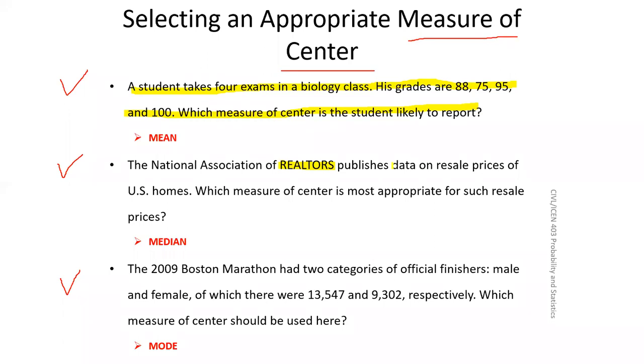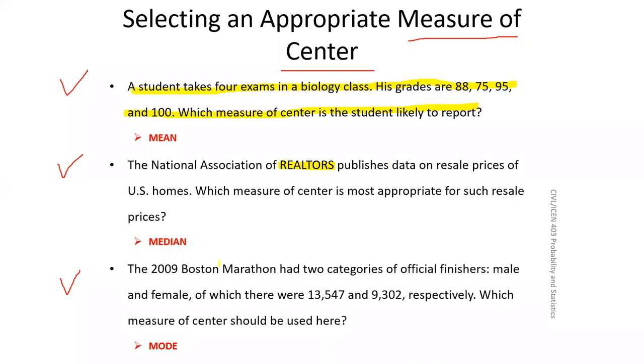Now the customer also knows that it will not be exactly 150, depending on the houses. Maybe it is close to 200, or maybe it is close to 100 if it is a very old house, right? So you just give them the idea by picking up the middlemost value of all your data. So here median is fine, not the mean.